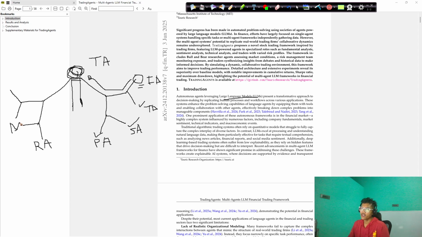And how will they learn? We'll actually construct a really good prompt, guiding them how to do the task basically. Okay, and the result propagates that way.